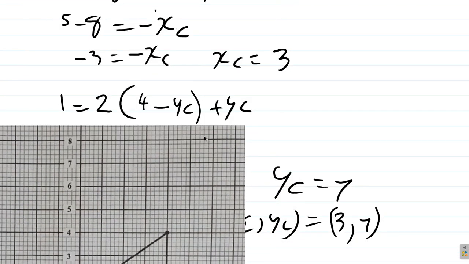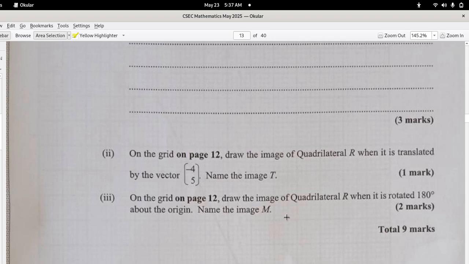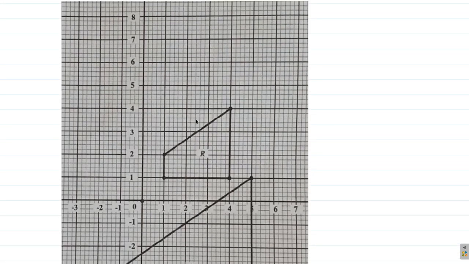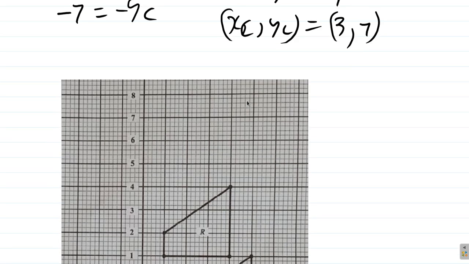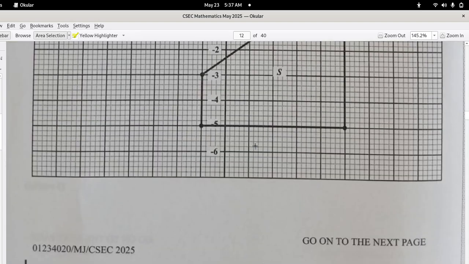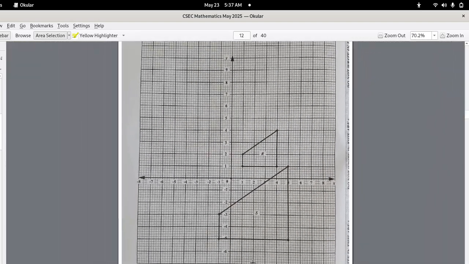So now, what do they say? Quadrilateral R is rotated 180 degrees about the origin. Now, here, this R rotated 180 degrees about the origin. We're going to need the full thing there now. We're going to need more of the graph paper.